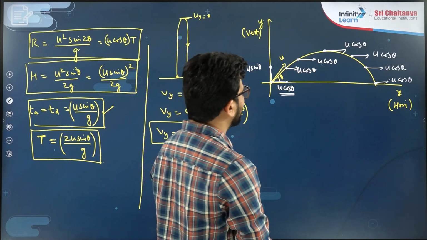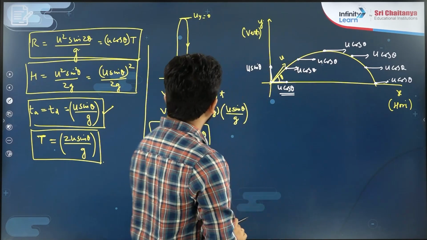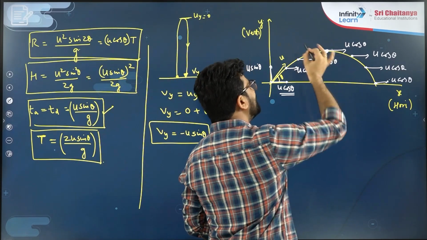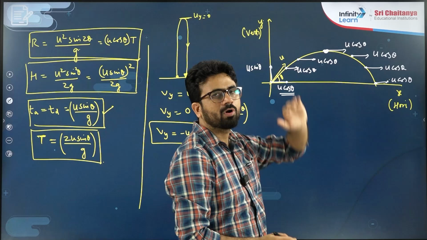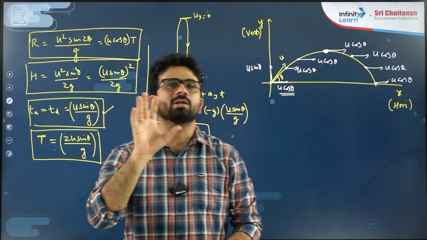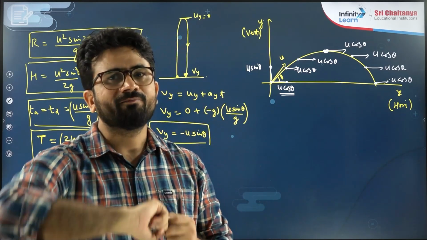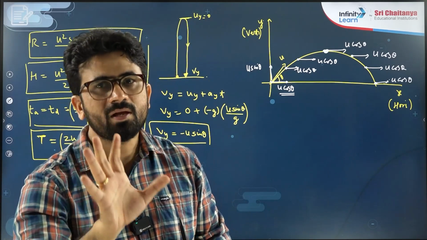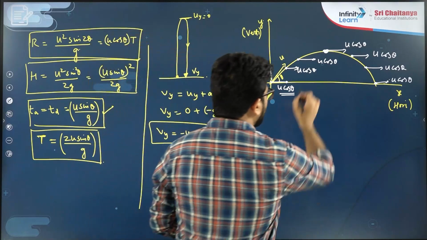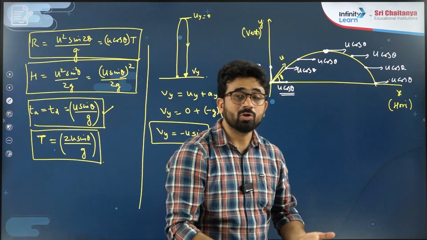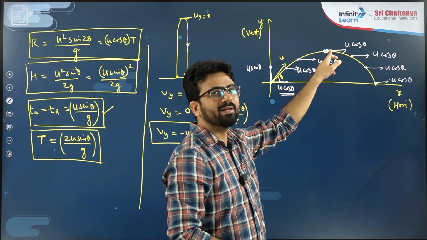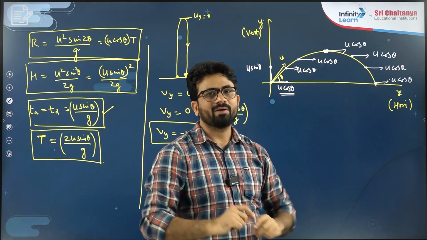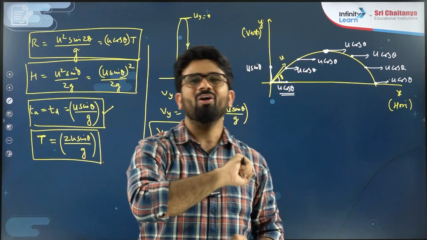Now understand one more thing. At the highest point, we already know the vertical velocity is 0. That means at the highest point only one velocity is present. What is that? U cos theta. And this is the minimum speed in the projectile motion. When the particle is moving on this projectile, at the highest point its speed would be minimum. Why? Because vertical becomes 0. At points other than this highest point, there would be some value of vertical. But at the highest point, the vertical component would be 0, only horizontal is present.